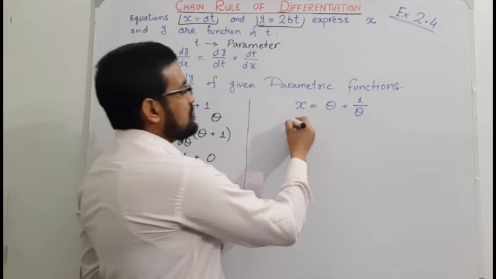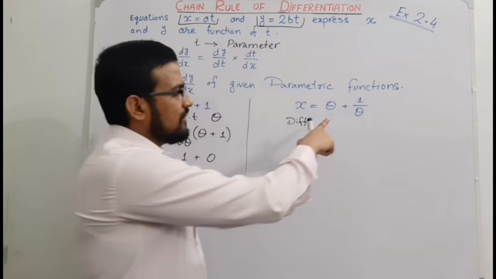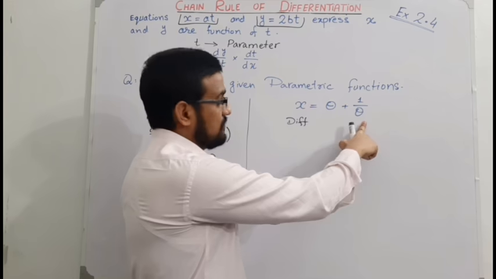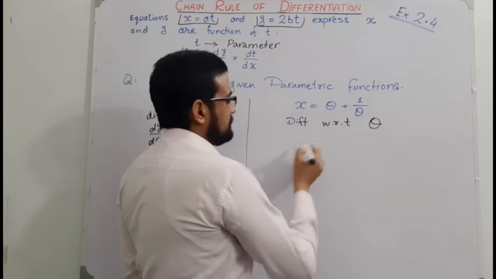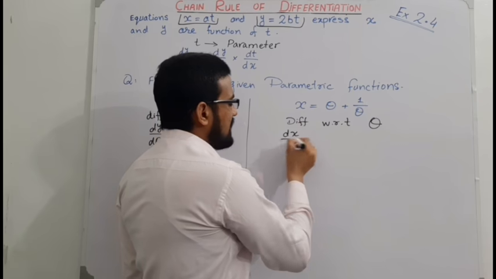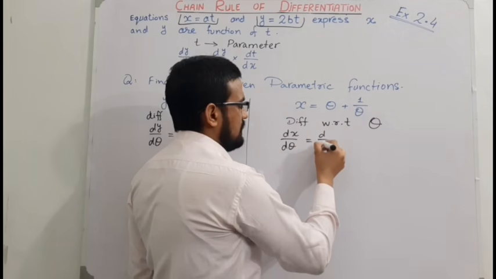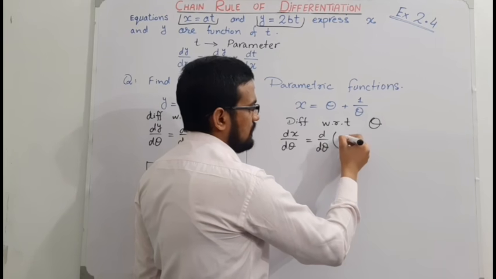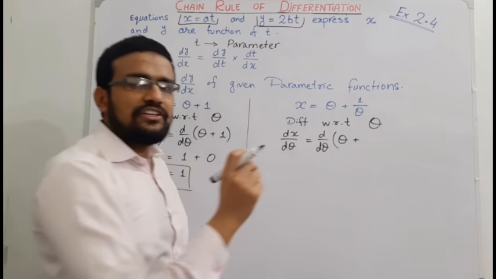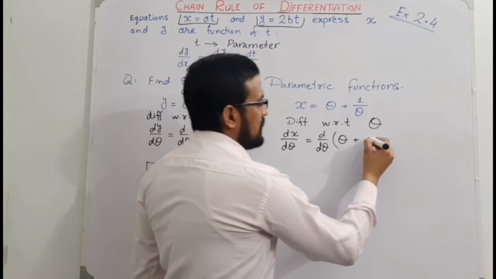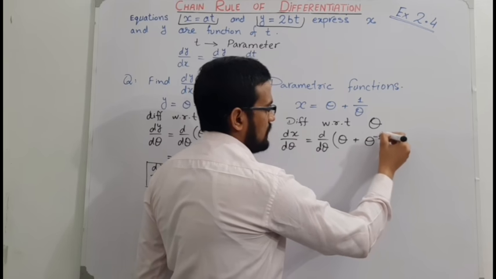So differentiate, x is dependent on theta, differentiate with respect to theta, dx over d theta. One over theta means theta raised to power minus 1.